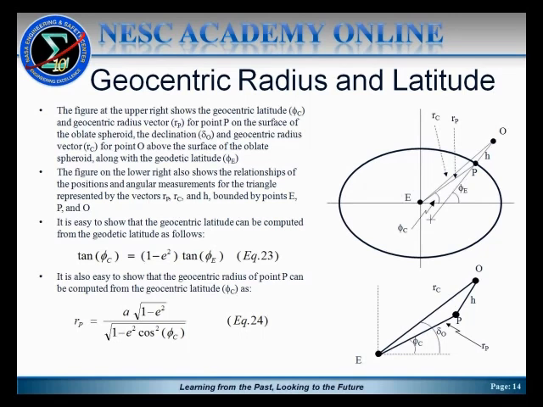That is, r sub p is a times the square root of 1 minus e squared divided by the square root of 1 minus e squared cosine squared phi c, where in this case phi c is the geocentric latitude. And that expression, again, will be important later in transforming from rectangular coordinates to geocentric and vice versa.